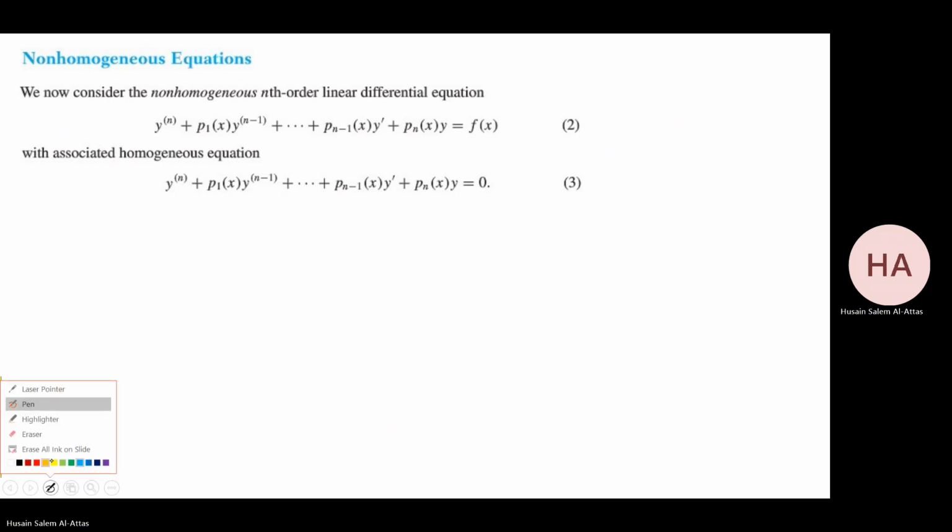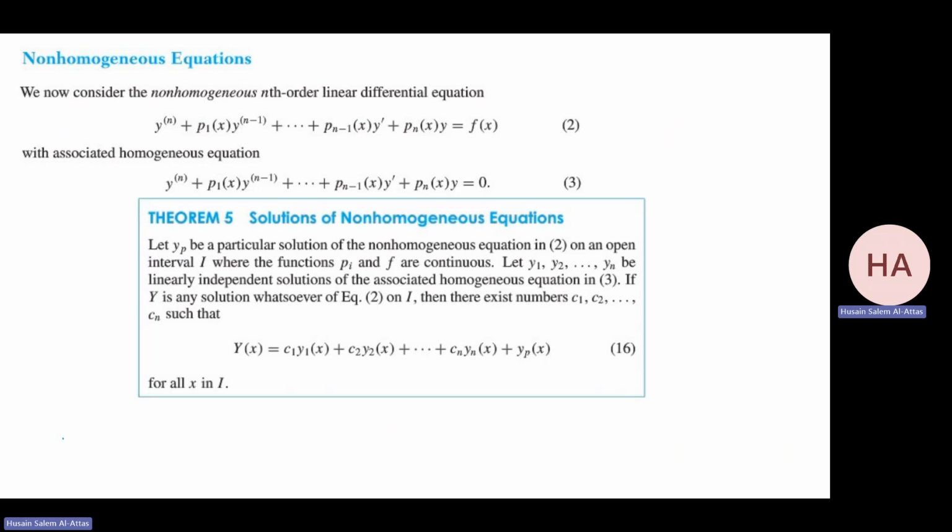Now, for the non-homogeneous case, where the right-hand side is non-zero, I have an nth order linear differential equation. We need to work first with the associated homogeneous equation, where the right-hand side is equal to 0. The same equation, but the right-hand side is equal to 0.